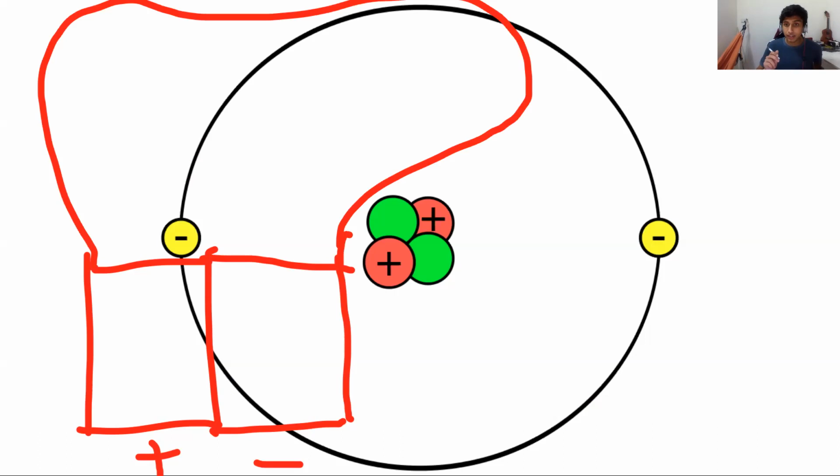But in a battery, what actually is happening is one side has more electrons than the other side. And electrons have a negative charge. So the side which has more electrons is going to be negative, right? So the negative terminal of a battery generally has more electrons than the positive side.